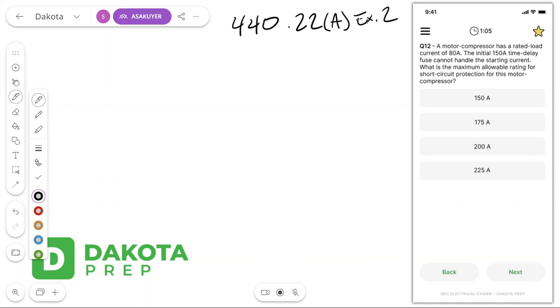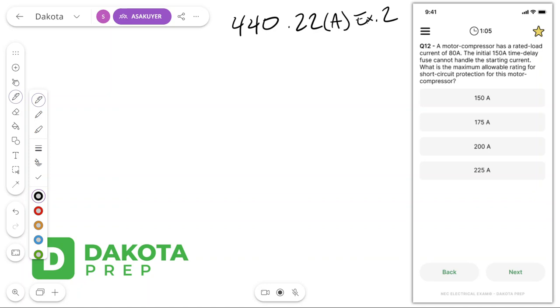What it says is where your values for branch circuit short circuit ground fault protection, this 150 amps in this case, is not sufficient for the starting current of the motor, that means we're blowing a fuse when we start the motor. The rating or setting shall be permitted to be increased, but shall never, hard line, hard deck, right? It shall never exceed 225% of the motor rated load current.